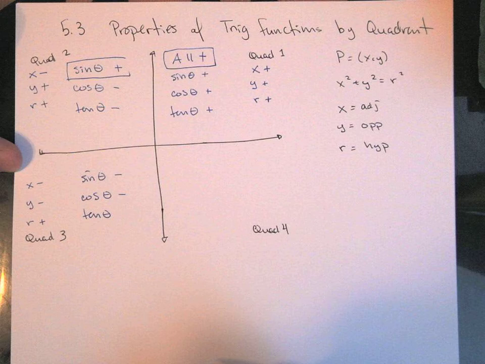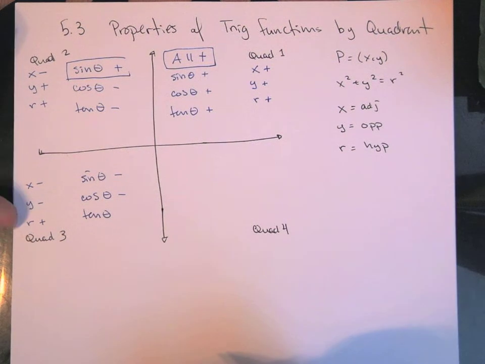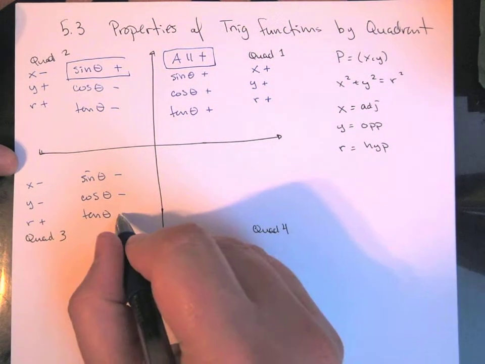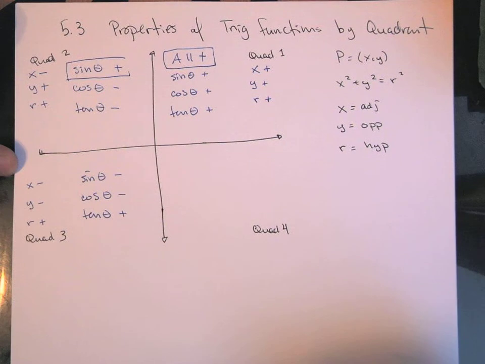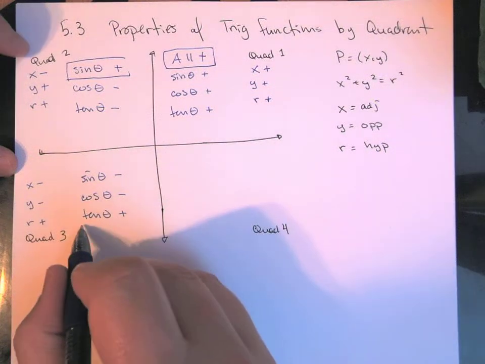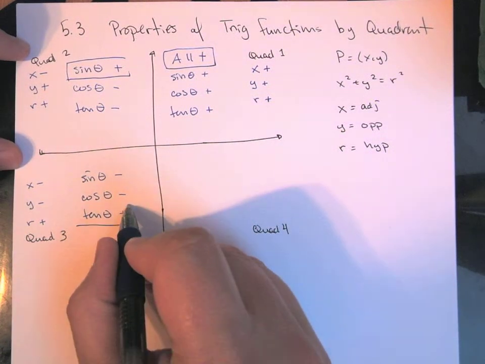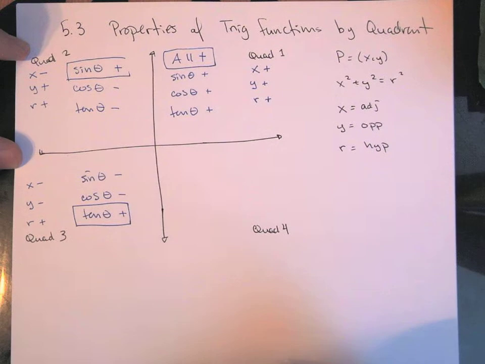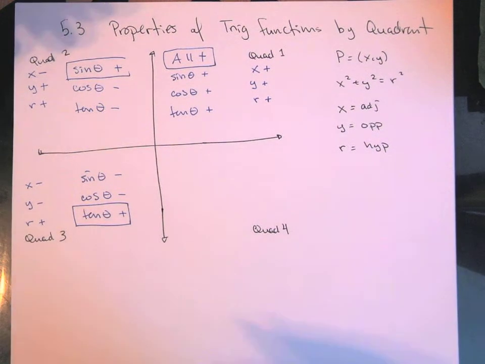Tangent, which we saw was the y value divided by the x, is in some sense a double negative, so our tangent function actually becomes positive. So as far as the big three go, sine and cosine are negative, and the tangent function is the one that's positive. So there's a little bit of a change. You can imagine as we shift through these different positive or negative x values, they're having these effects on our trig values.